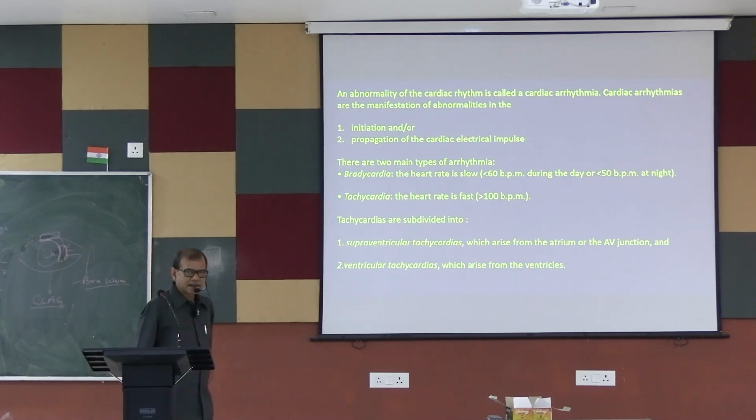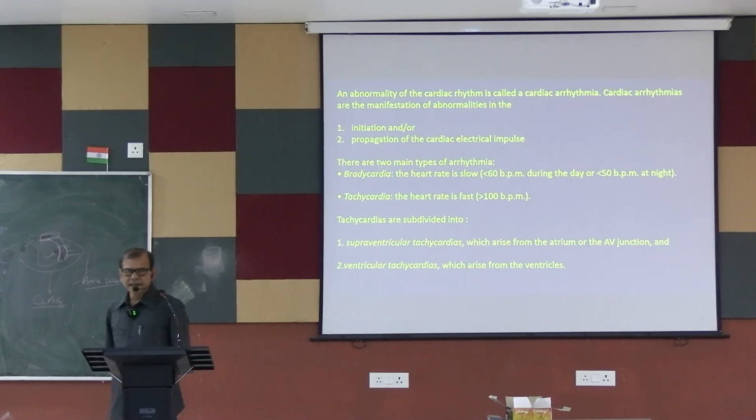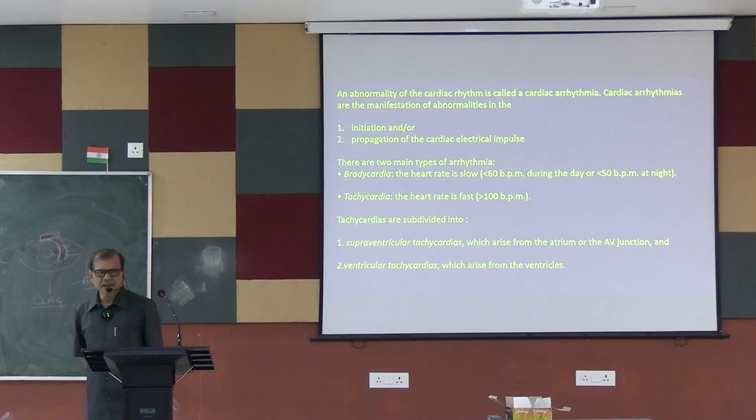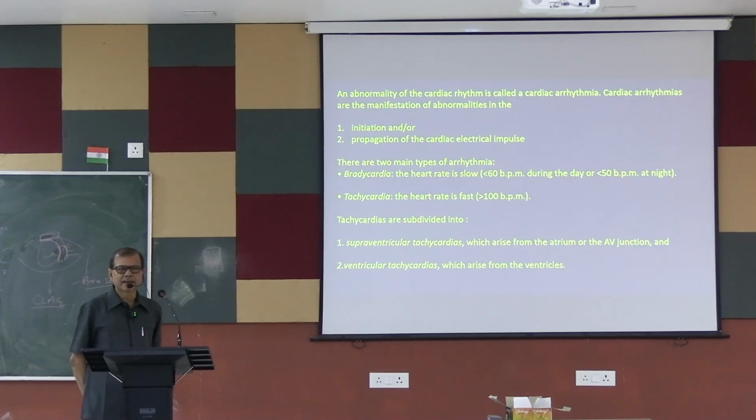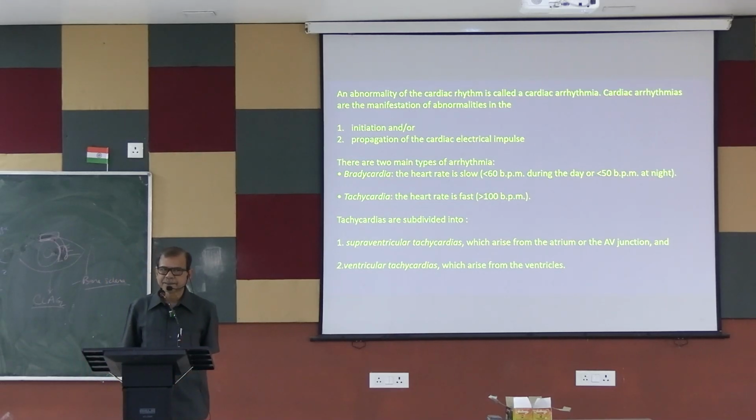Types of arrhythmias: arrhythmia may be bradyarrhythmia or tachyarrhythmia. Bradyarrhythmia is defined as heart rate less than 60 beats per minute during day or 50 beats per minute at night, and tachyarrhythmia means heart rate exceeding 100 beats per minute.